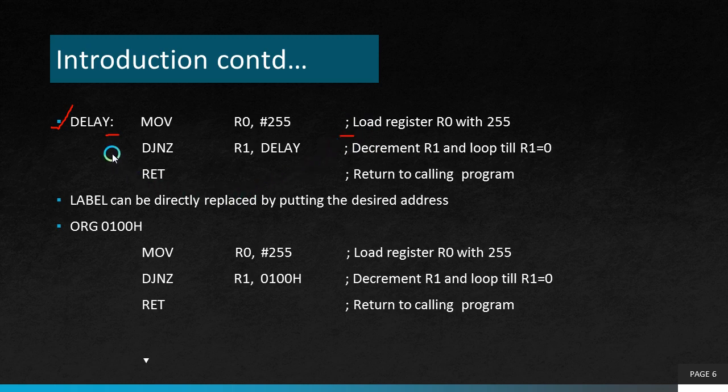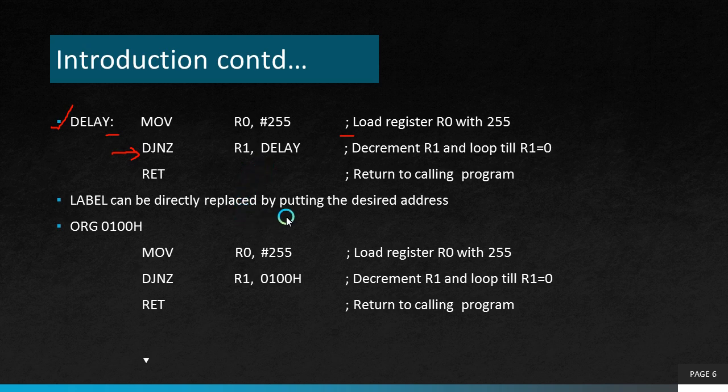Here, the second statement will provide the delay. DJNZ R1, delay implies decrement R1 and jump to delay if R1 is non-zero. That means it will loop till R1 equals 0 with the help of the label delay and it creates a delay in the program.